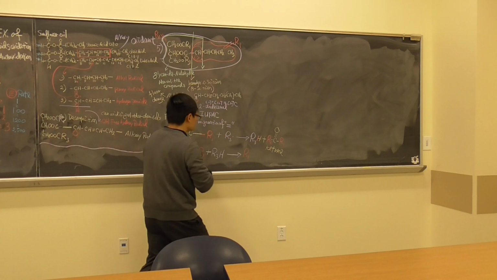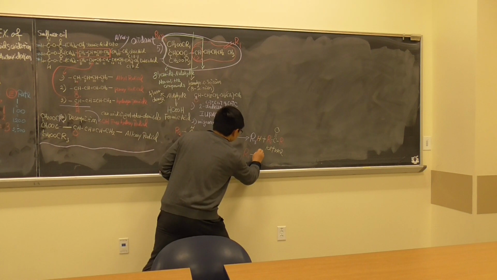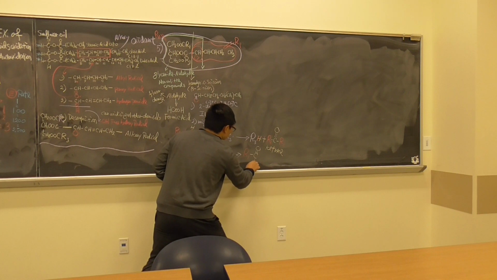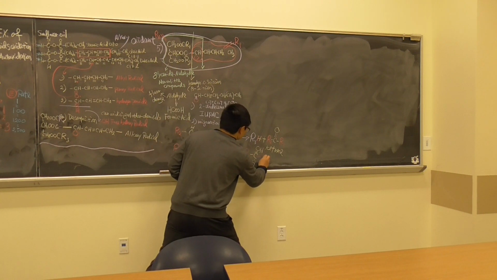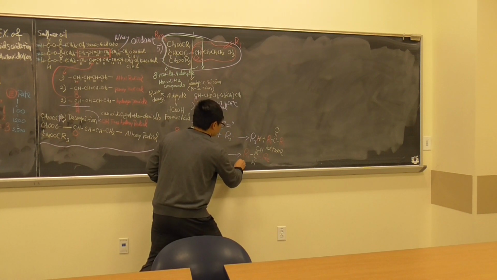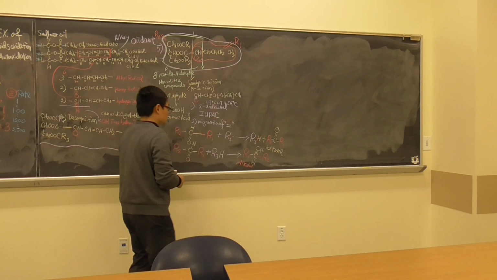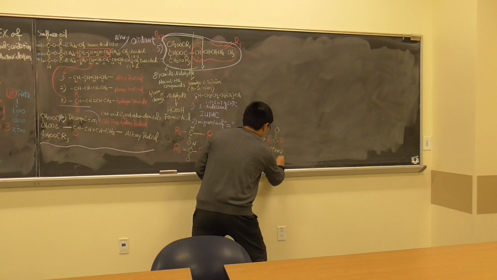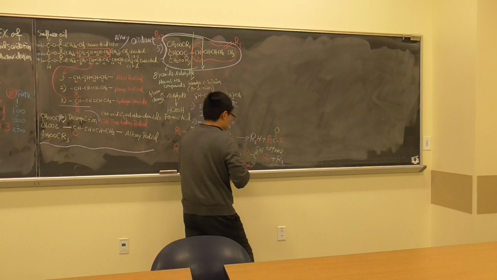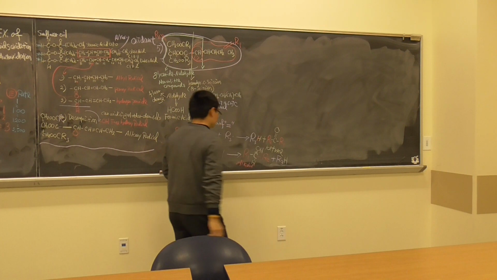R1 become H. Then you go here, H. Then you go R2. Alcohol. And this guy here is R3H. Switch.